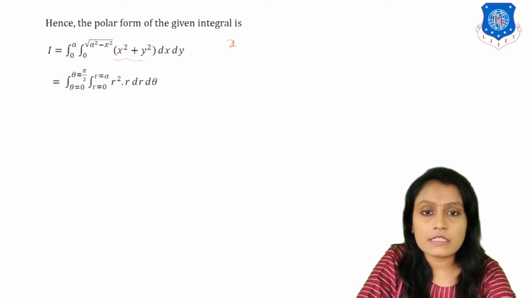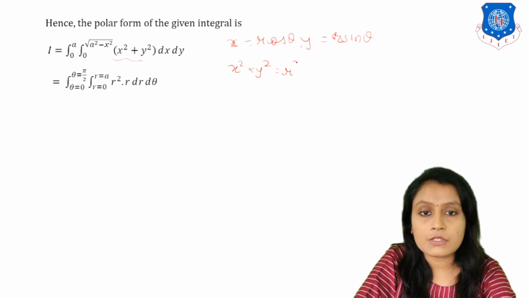Why? Because x equals r cos theta and y equals r sin theta. Okay, so just add them and square it. So what you will get? x square plus y square is r square cos square theta plus r square sin square theta, right? Take r square common, cos square plus sin square equals 1.